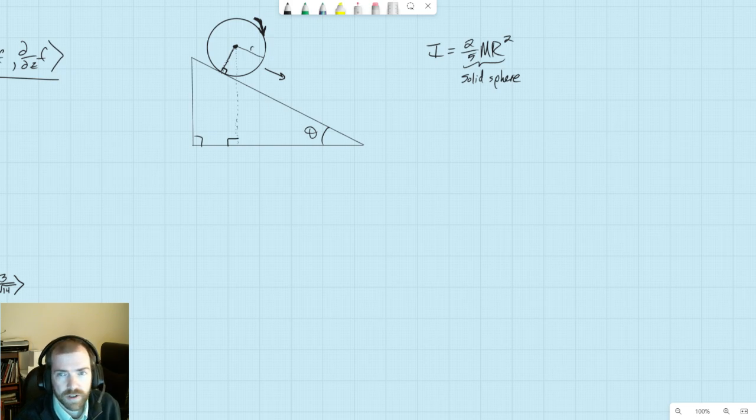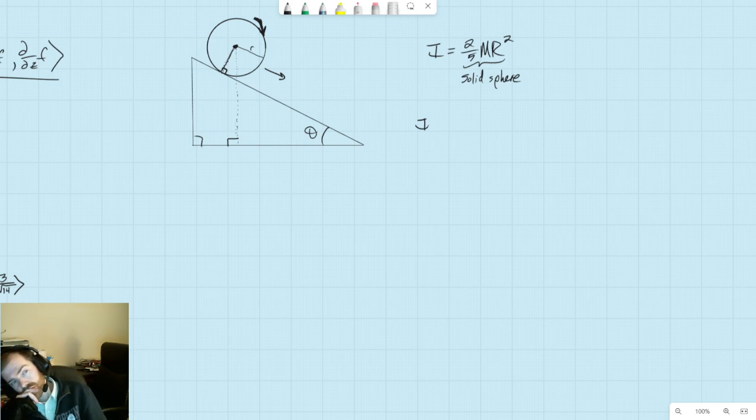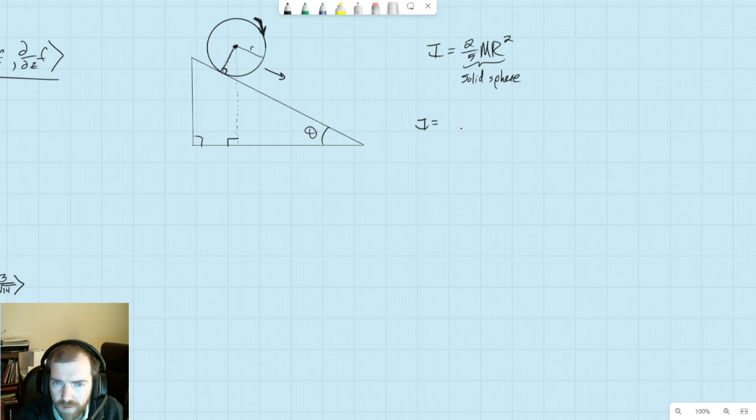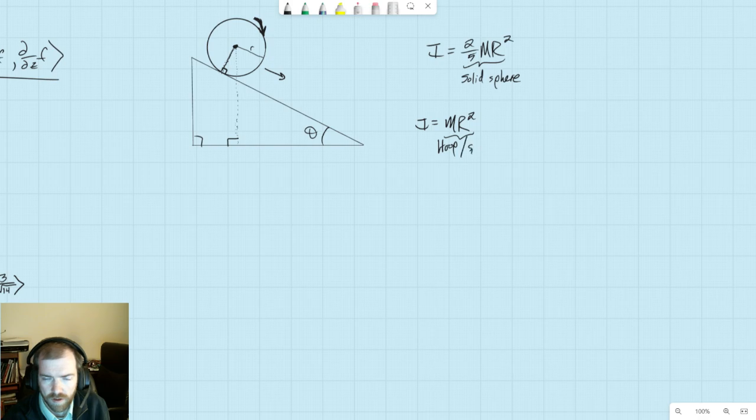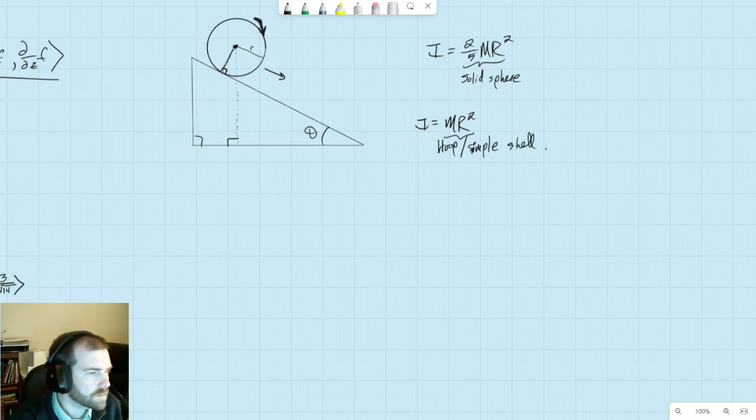So the moment of inertia for a shell, just mr squared, is going to be either the hoop or simple shell.